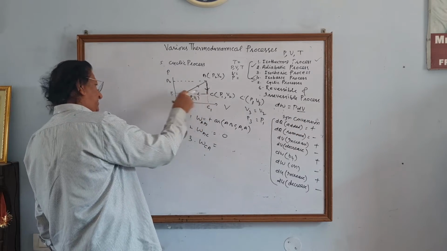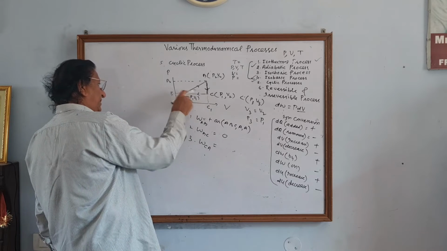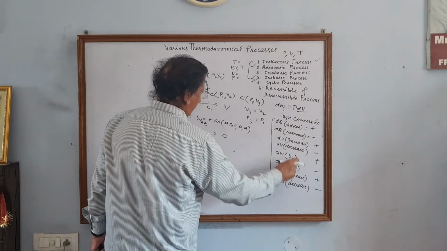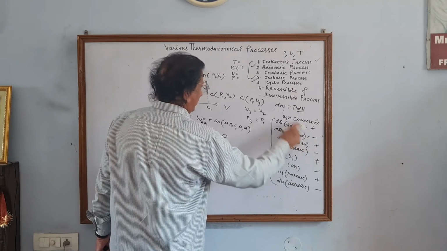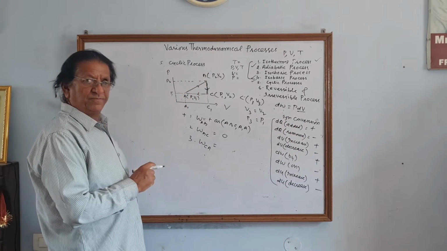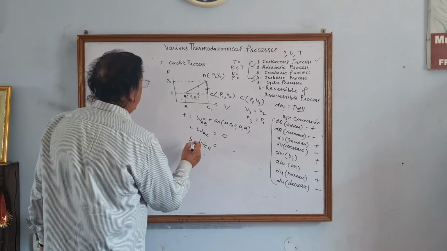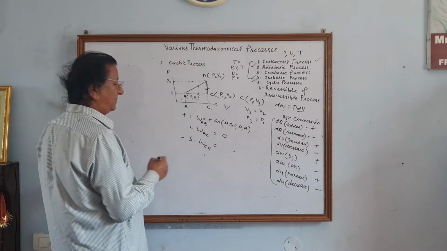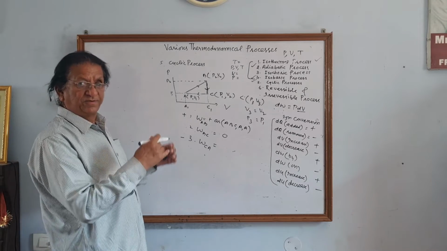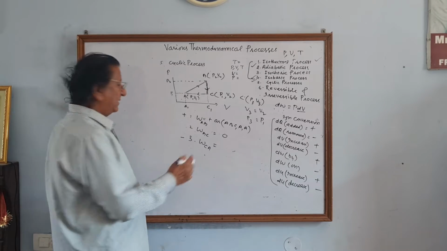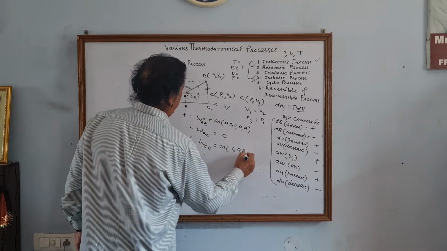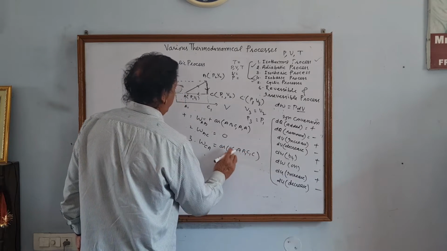The system goes from C to A. There is a decrease in volume. Decrease in volume is taken negative. The work done will be negative. So this work will be negative. How much is this? Area under this portion of the graph. So it is equal to area C A A1 C1 C.